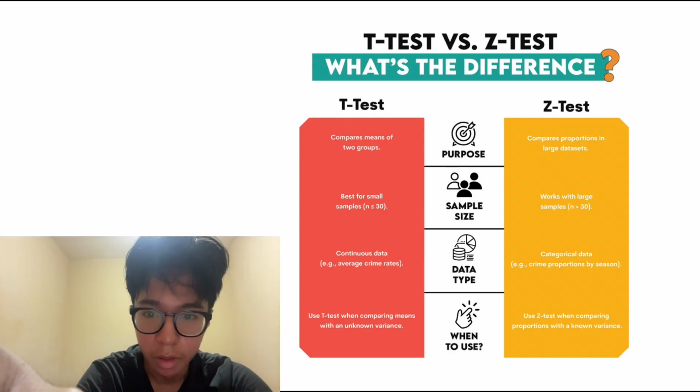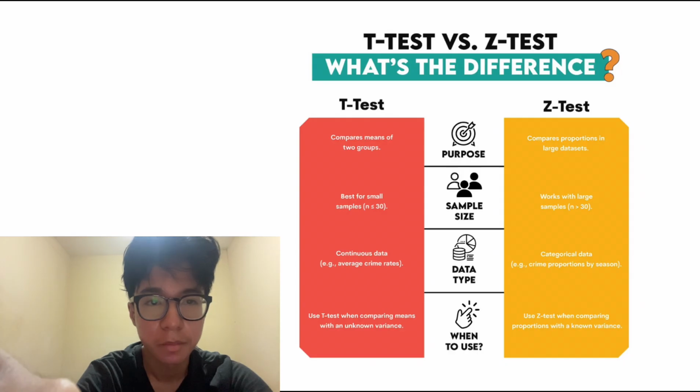The z-test formula is the sample mean minus the hypothesis mean value, divided by the population standard deviation divided by the root of the sample size.